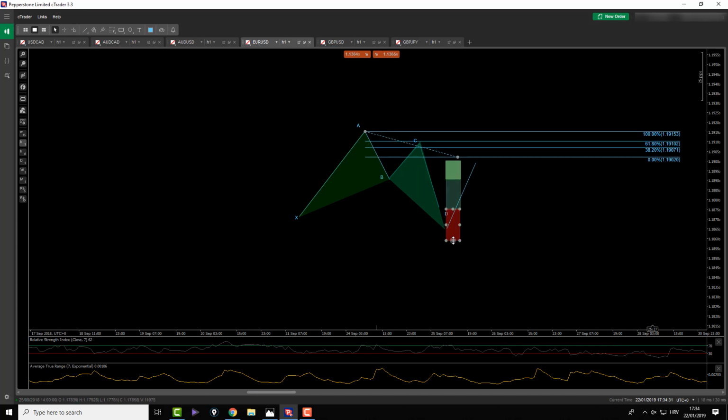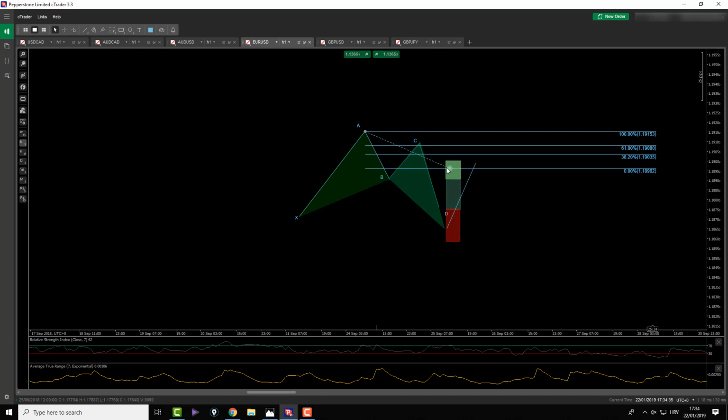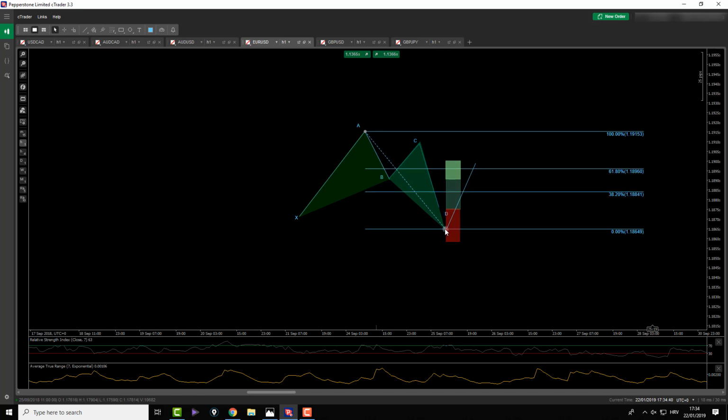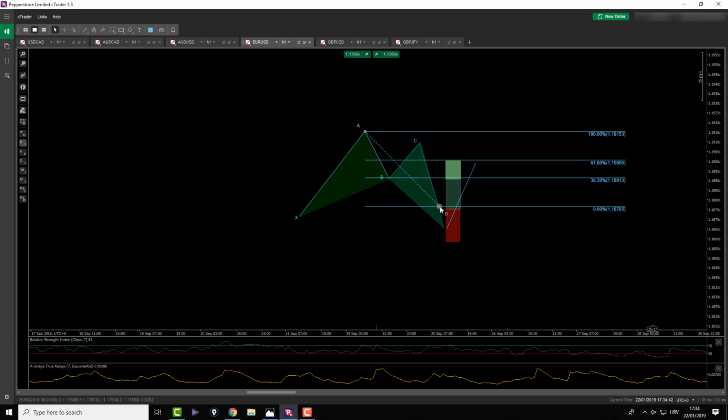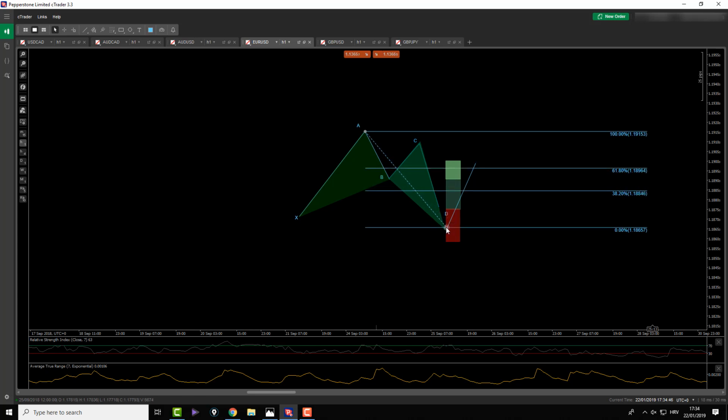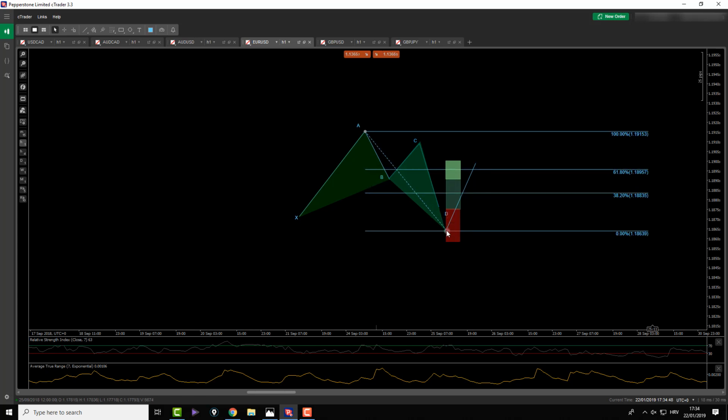Not increasing the risk, but rather trailing the target. So what would that mean? Basically, as the price moves down, you just move your fib level down, and you can see how the 38.2 retracement and 61.8 are also being moved down.